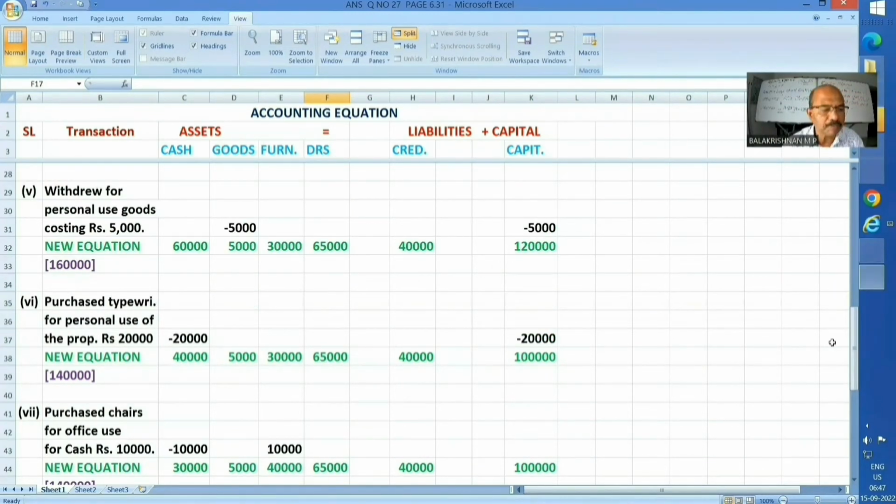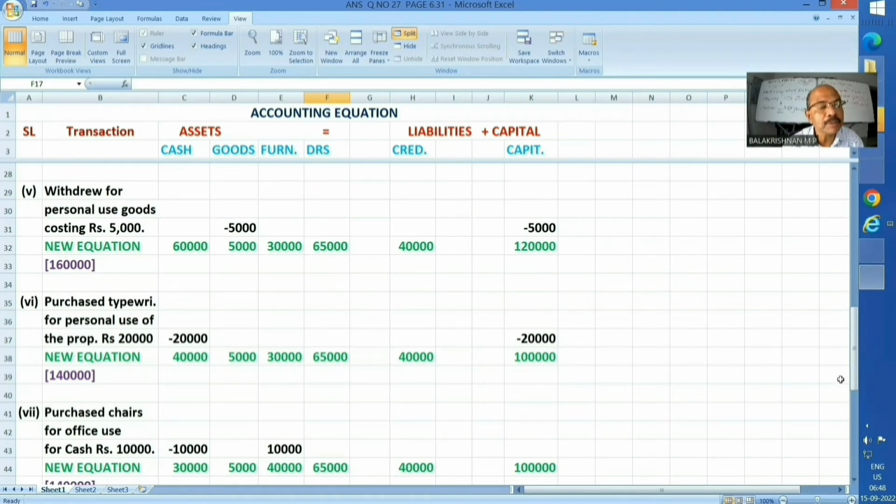Next one, fifth one. Withdrew for personal use goods costing rupees 5,000. Any removal from the organization, maybe asset, cash, goods, or even stationery, provided it is for personal use, is nothing but drawings only.